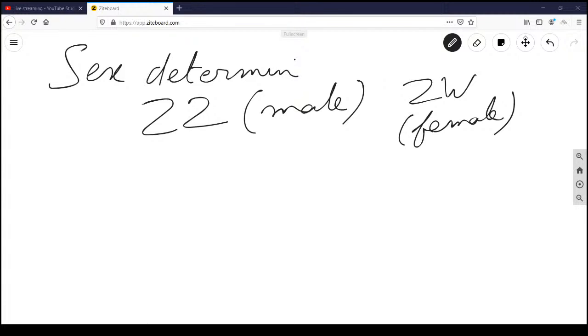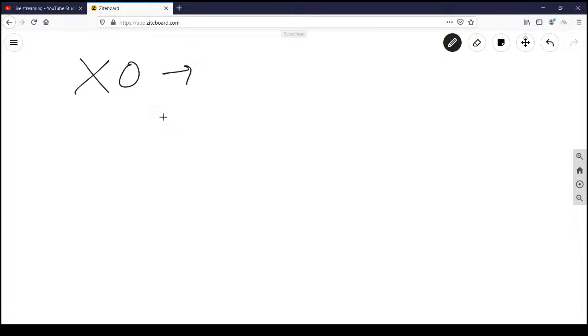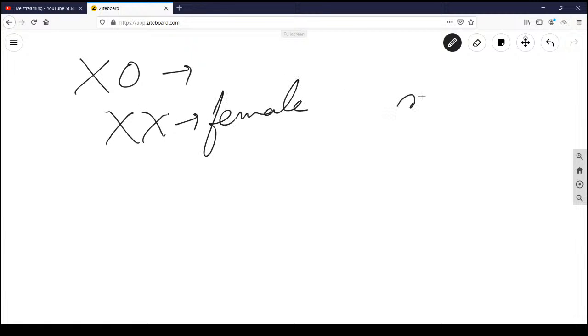A sex determination pattern must be followed properly. In X naught type of sex determination, the female produces gametes with X chromosomes, while the male produces only one X chromosome. That is the X naught type, which I had taught you also. The female will produce both. Male produces only one X chromosome.